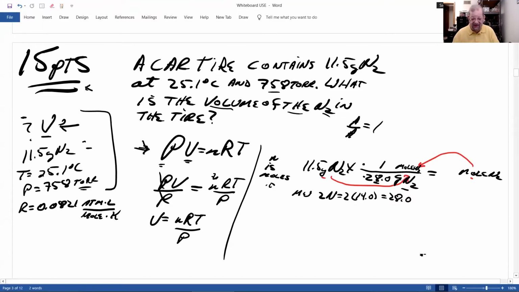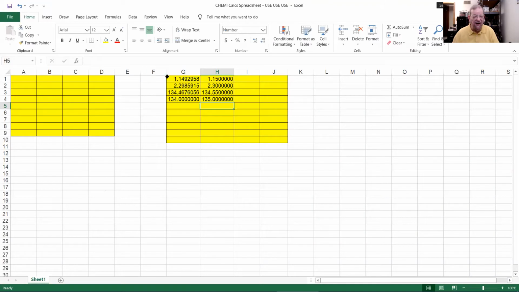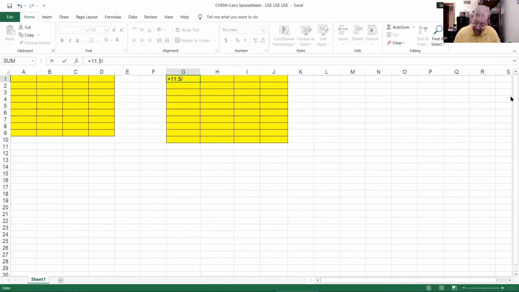I'm going to go to my calculator and clean this up. Now I'm going to round this off to 3 significant figures. Let me go back and check this out.